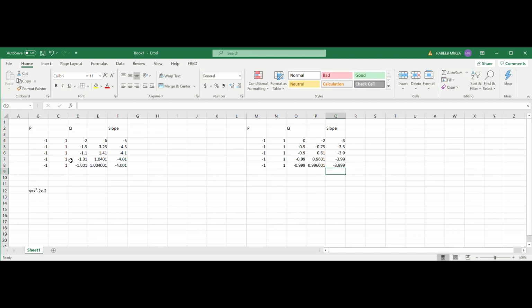So when you do this, we found that as you get closer and closer to 1, you get to a value of negative 4. This is coming from greater than 1 towards 1, and then less than 1 towards 1. You also find that it's going closer and closer to negative 4.